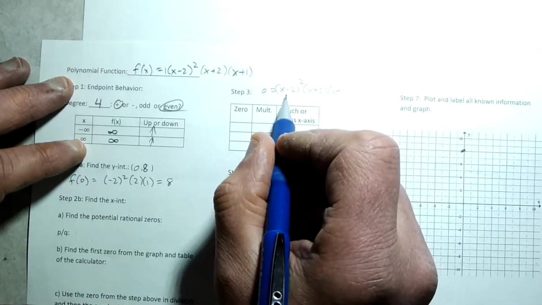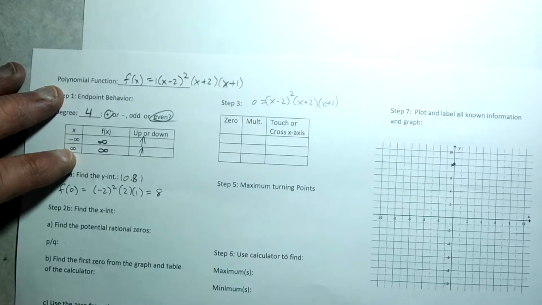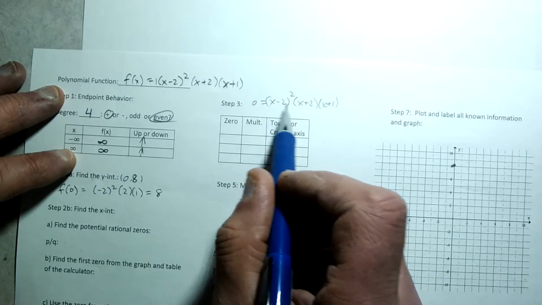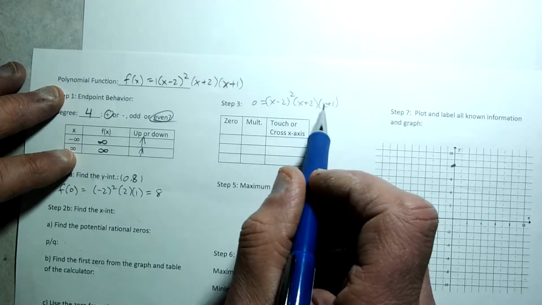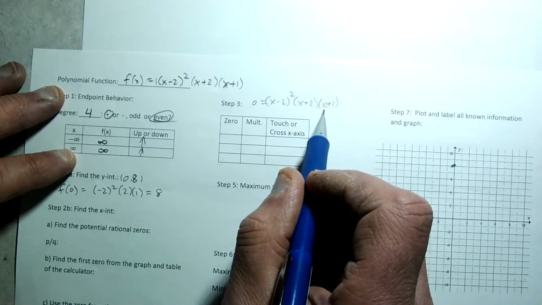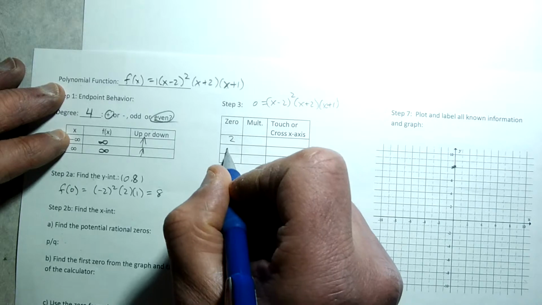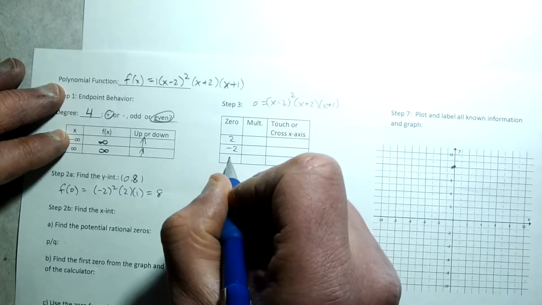And you set each of these factors to 0, you would go ahead and have zeros at 2, negative 2, and 1. I'm sorry, and negative 1. So we're going to have zeros at 2, negative 2, and negative 1.